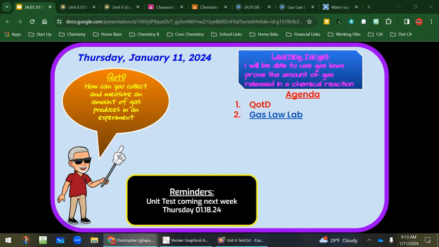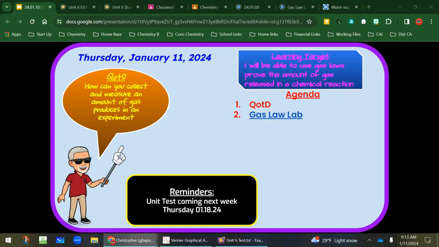I mean, gases do what? What's the unique thing about gases? A solid, we could find its what?